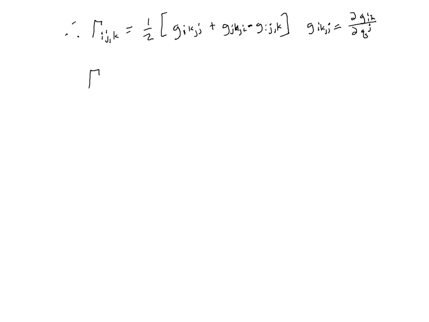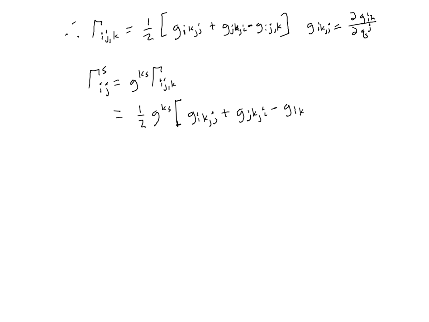And so in general, you could say that gamma^s_ij is equal to just taking g^ks times gamma_ij,k, and that is equal to 1/2 g^ks times g_ik,j plus g_jk,i minus g_ij,k.